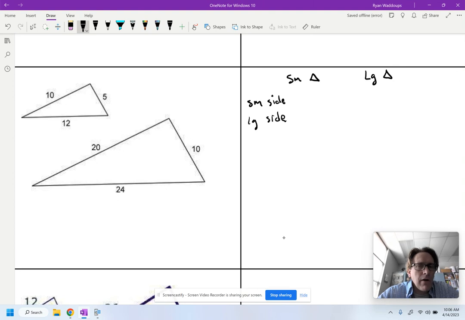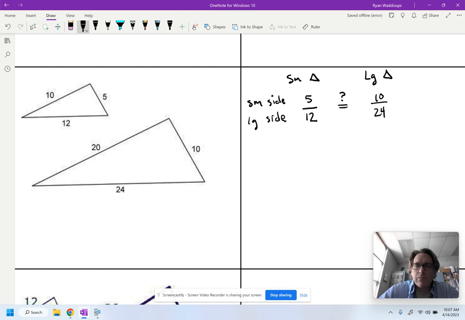So of the small triangle, the small side is 5. And I'm going to compare that to the large side, which is 12. And then I'm going to ask myself, is this equal to the small side of the large triangle, which is 10, compared to the large side of the large triangle, which is 24?